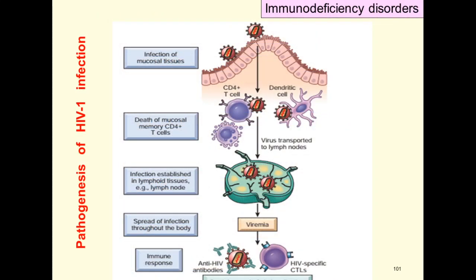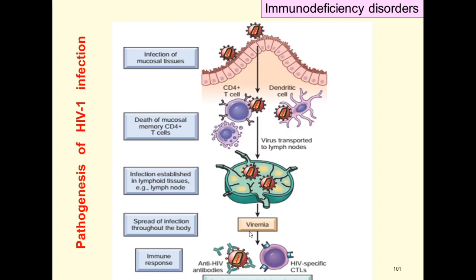So very quickly, how this virus invades and what response we have. First of all, infection of mucosal tissue. Next, we have death of mucosal CD4 cells. Then the infection appears in the lymph node.